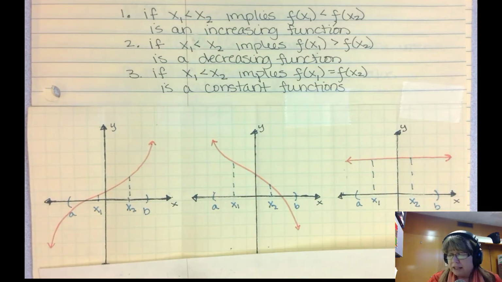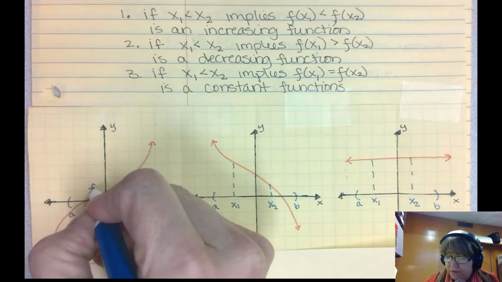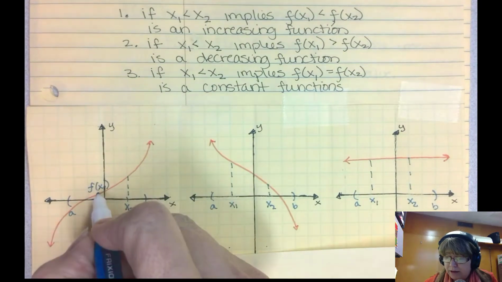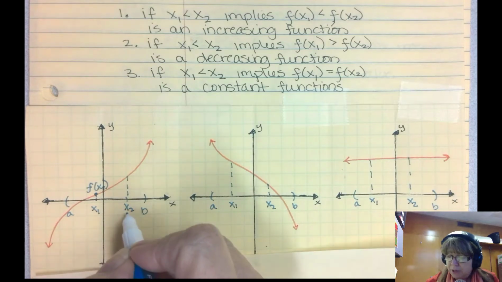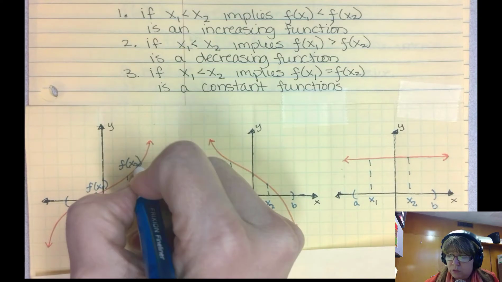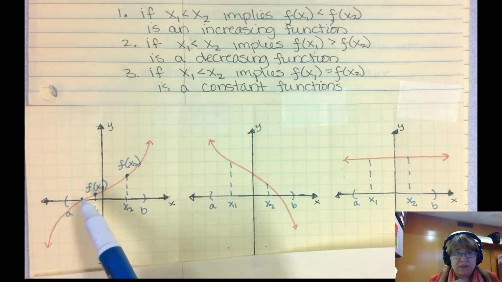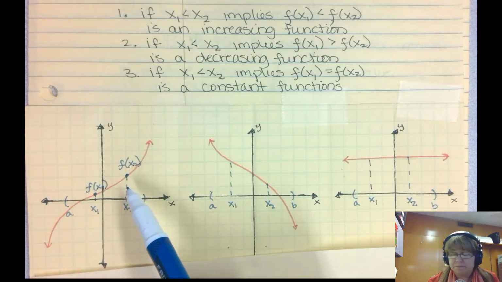If we plug in x1, the output is f of x1 right there on the function. And when we input x2, f of x2 is right here on the function, and you can see it increased from f of x1 to f of x2 along the function.